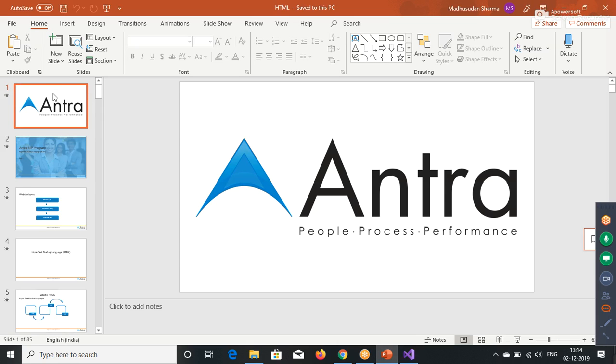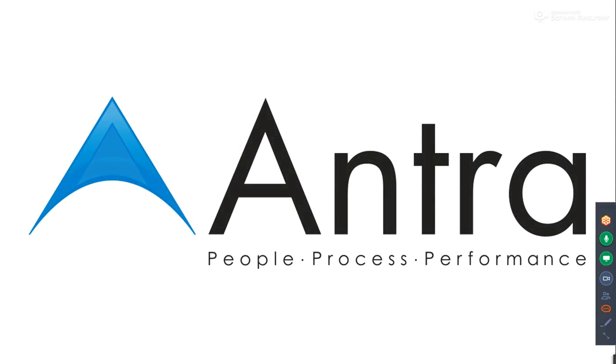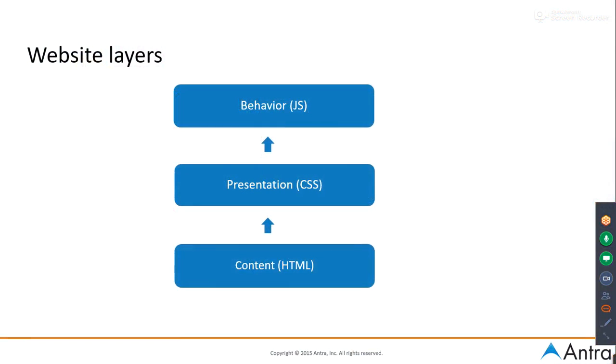So let's look into the PPT, from where we can get some brief about the code which was predefined there. When you are developing a website, you have to take care of three things. Firstly, content. Second is the presentation, like how that content looks, how it appears, or styling your content on the web page.